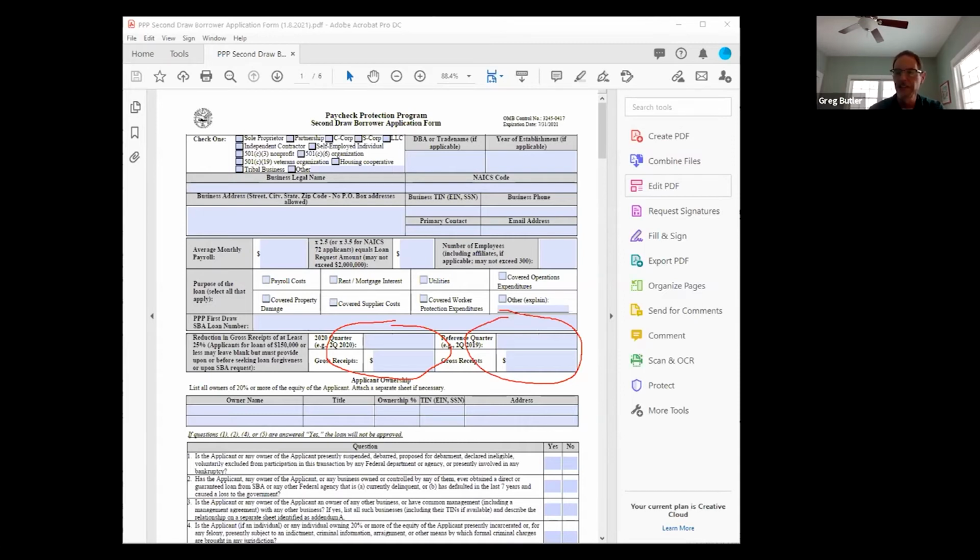So there's guidance out there on what you can do. Let's just say you have to be in business on February 15th. So you're in business in the first quarter, and then of course you're in full business for the second, third, or fourth quarter of 2020. In that case, you'd be allowed to compare your second, third, or fourth quarter of 2020 gross receipts to your first quarter of 2020, kind of on an annualized basis.